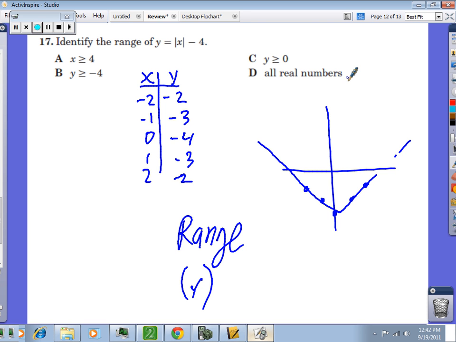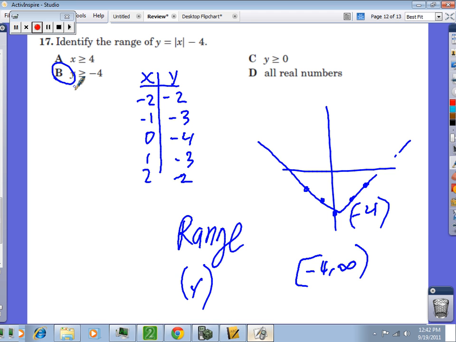It goes all the way down to negative 4 right here. It does not go any lower than negative 4. What is the highest it goes to? It goes all the way up to infinity. So it's going to be anywhere from a negative 4 to a positive infinity, which matches up with B.